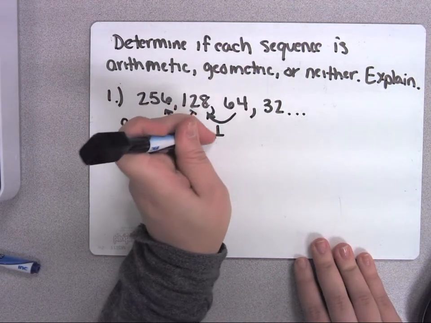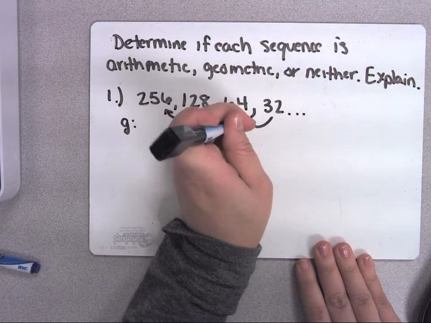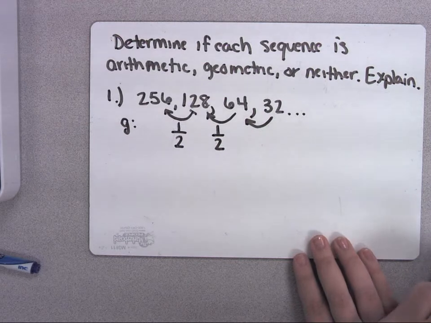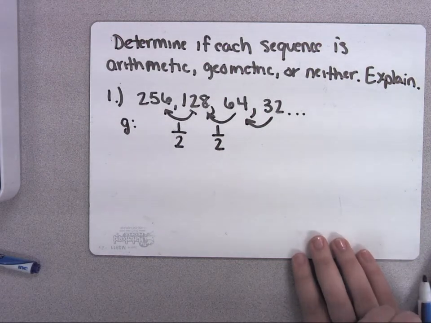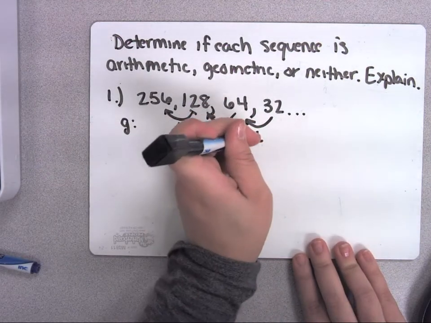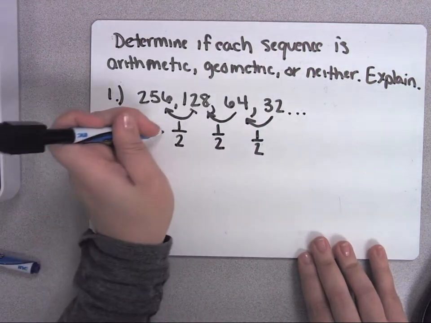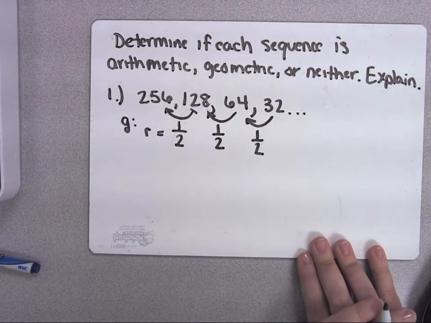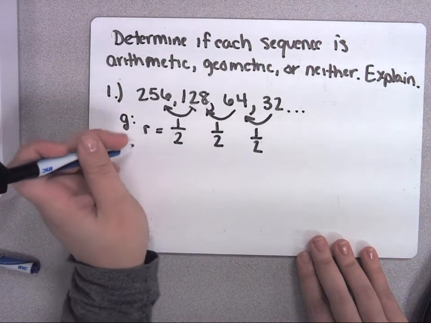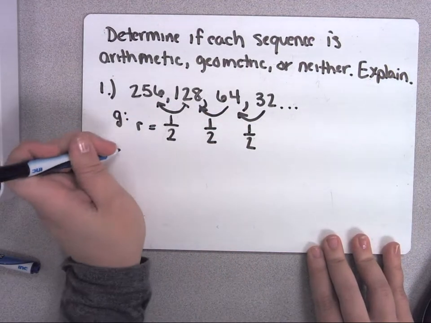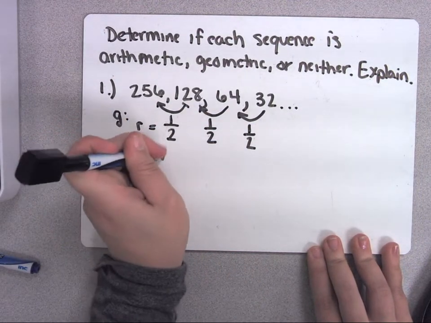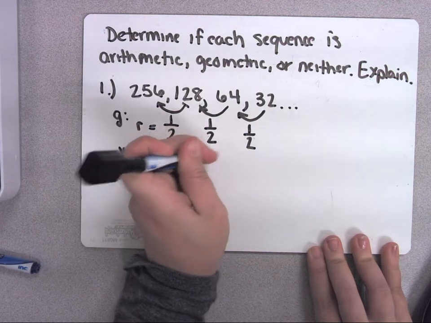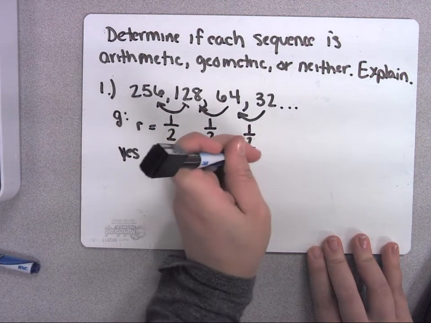And 32 over 64, is that 1/2? Since these numbers are all the same, that is R. R is 1/2. Yes, this is a geometric sequence.